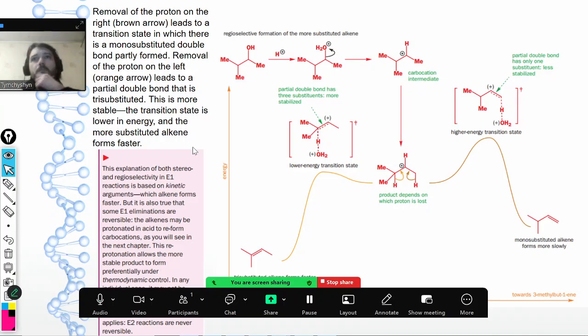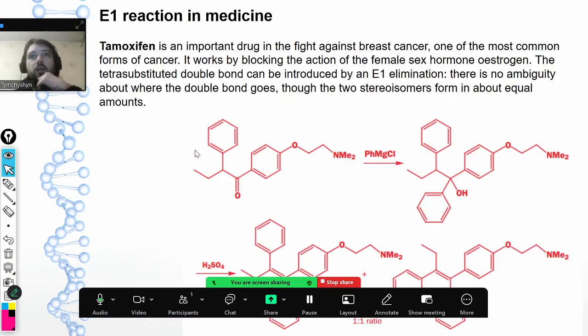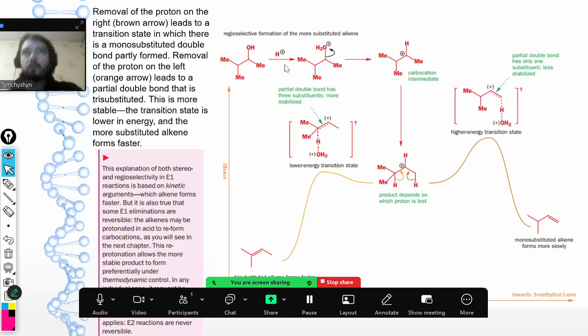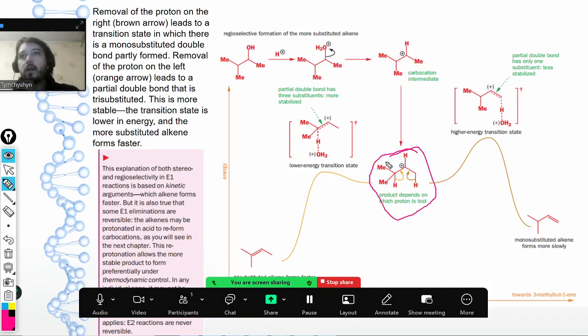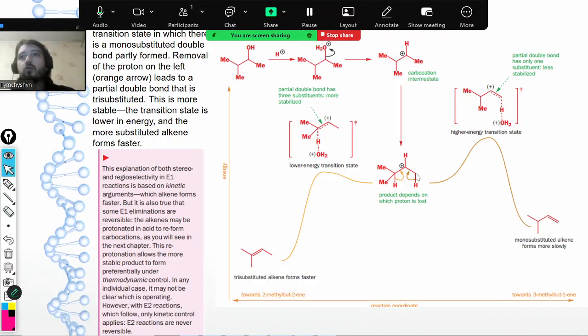So here is one more example. Once again, we have a protonation, the leaving group leaves, and here we have some sort of intermediate. The product depends on which of these two protons is lost.